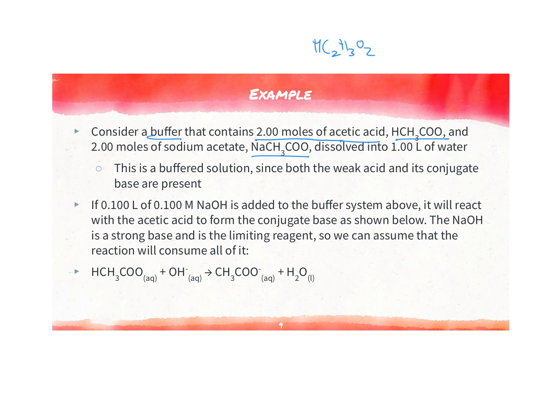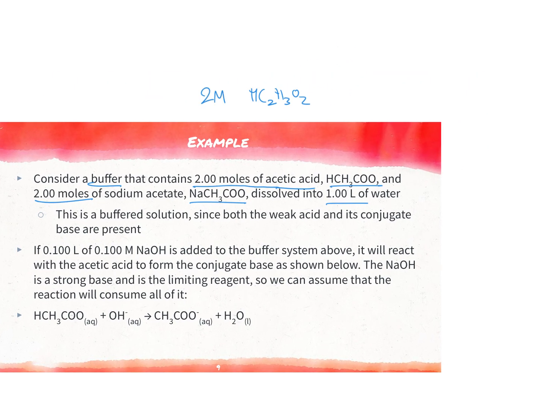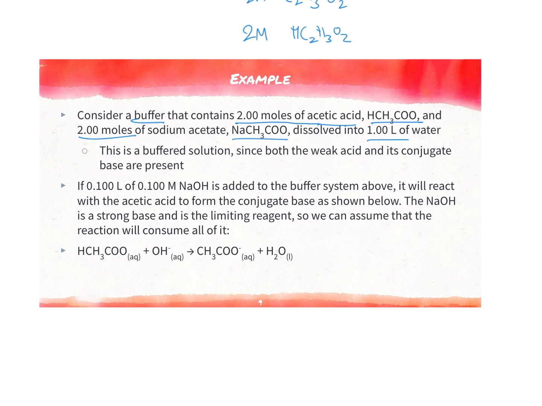I have 2 moles of that, and they're both dissolved in 1 liter of water. And so I essentially have 2 molar HC2H3O2, and 2 molar C2H3O2 minus. So the same concentration.